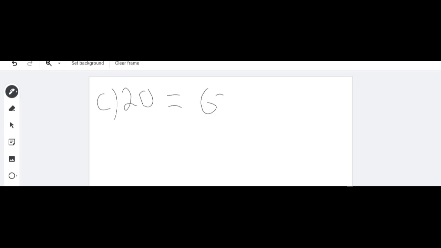Okay, got it. 20 fours are 80, very good. So we are just nearby the 100. 20 fives are 100.